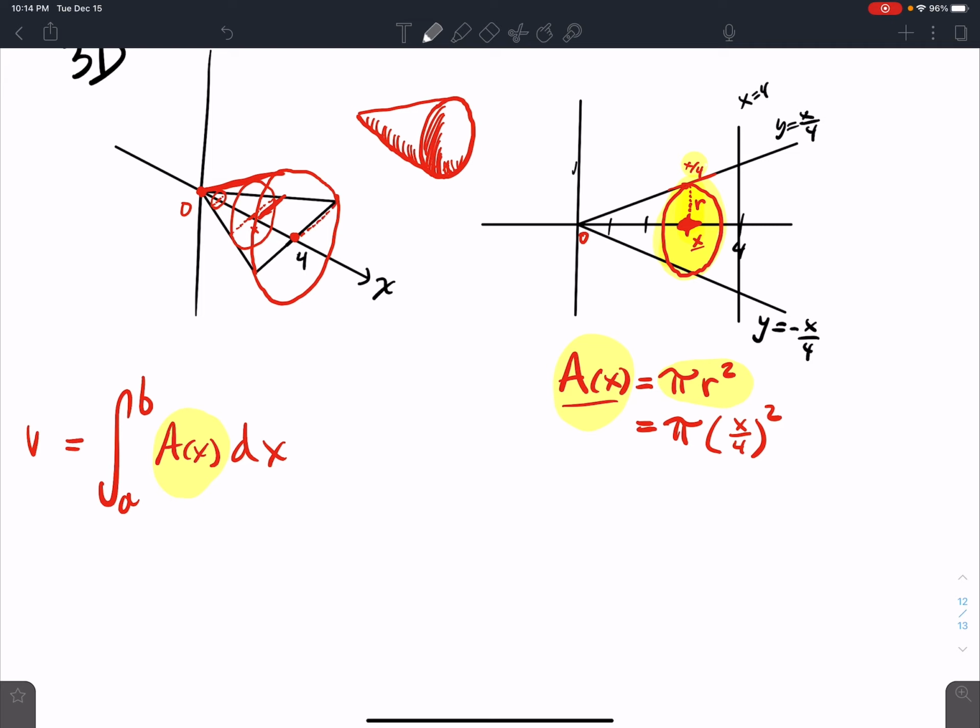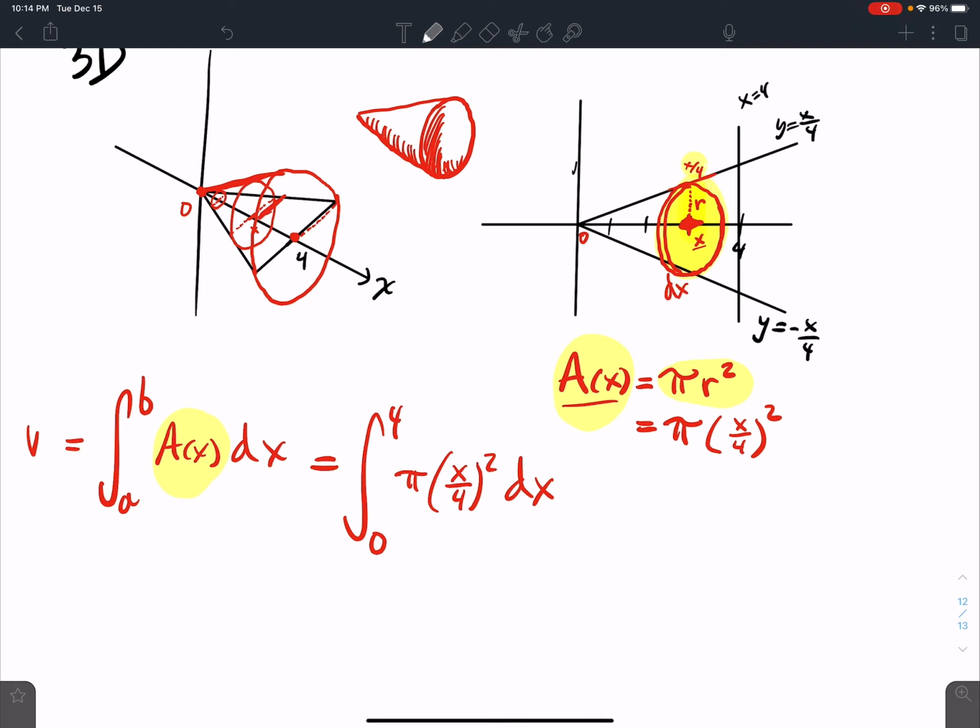Okay, so this becomes summing all of the circles from where? Starting at 0 and summing all the way up to 4. Okay, so you're going to sum from 0 to 4 all the circles, pi, and then x over 4 squared dx. Remember, the circles are perpendicular to the x-axis, so those are dx circles.